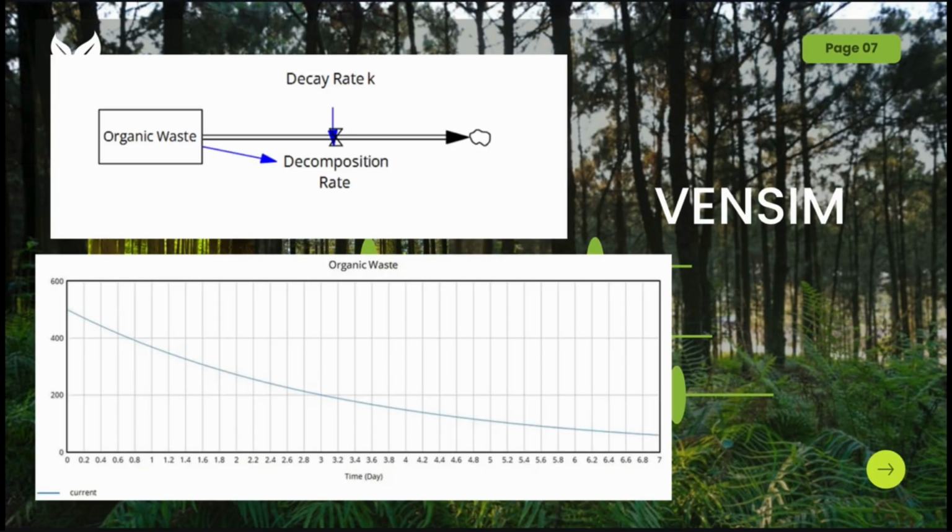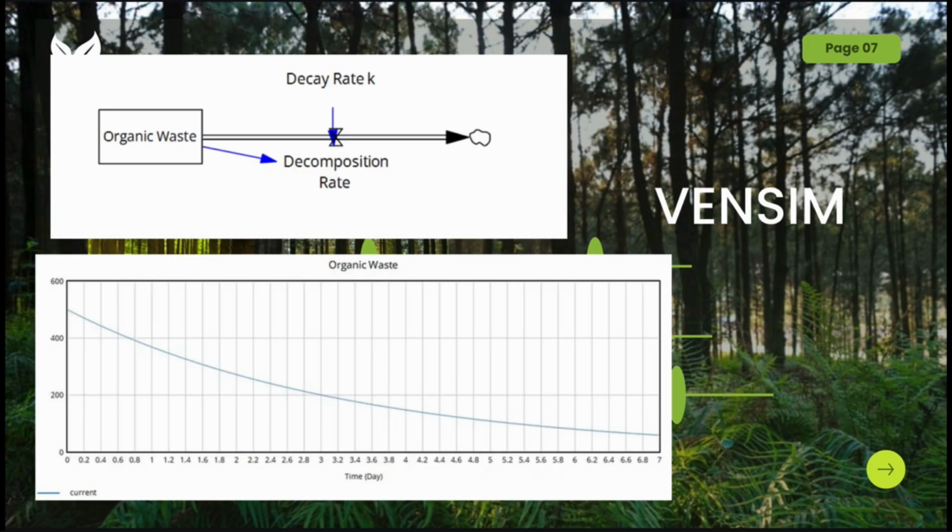Vensim is used to model the big picture of the environment as a single system. So the diagram with the box, organic waste, and the valve, decomposition rate, is a stock and flow model. It treats the 500 mg per liter of waste like a single reservoir of liquid. The math equation, change of W over change of t equals negative kW, acts like a drain.